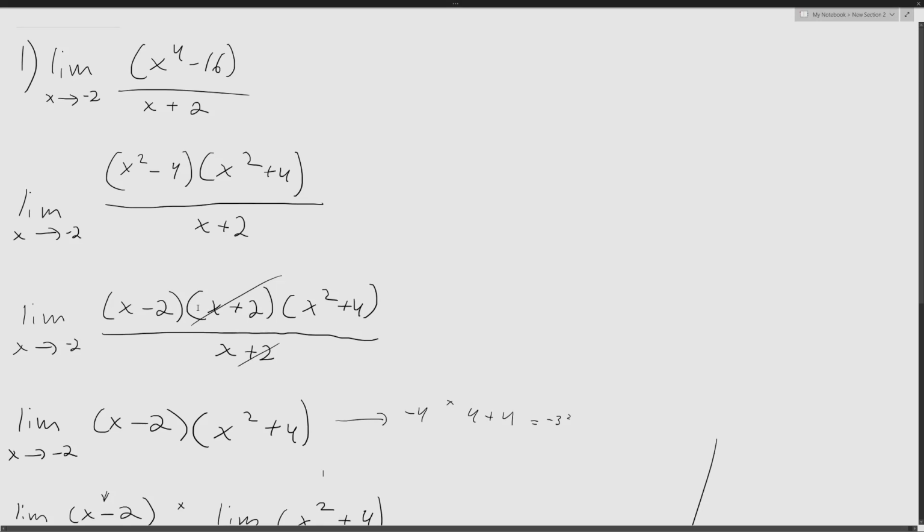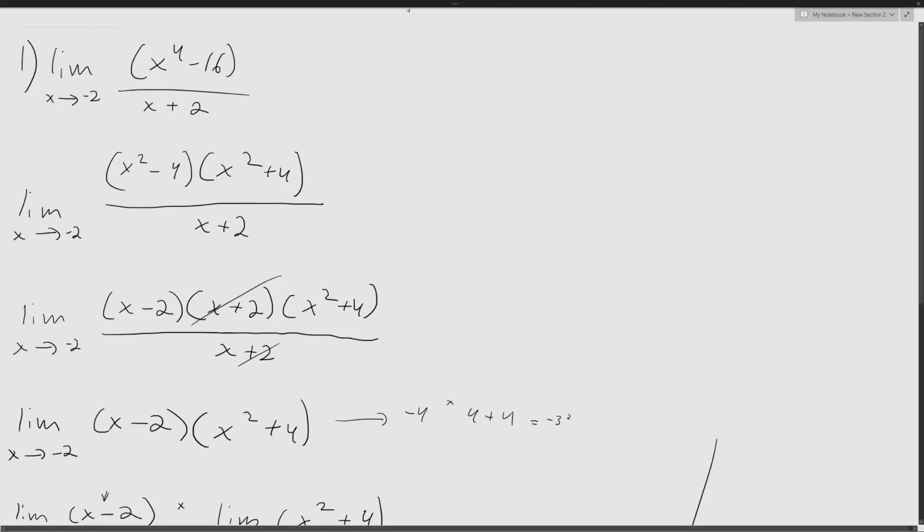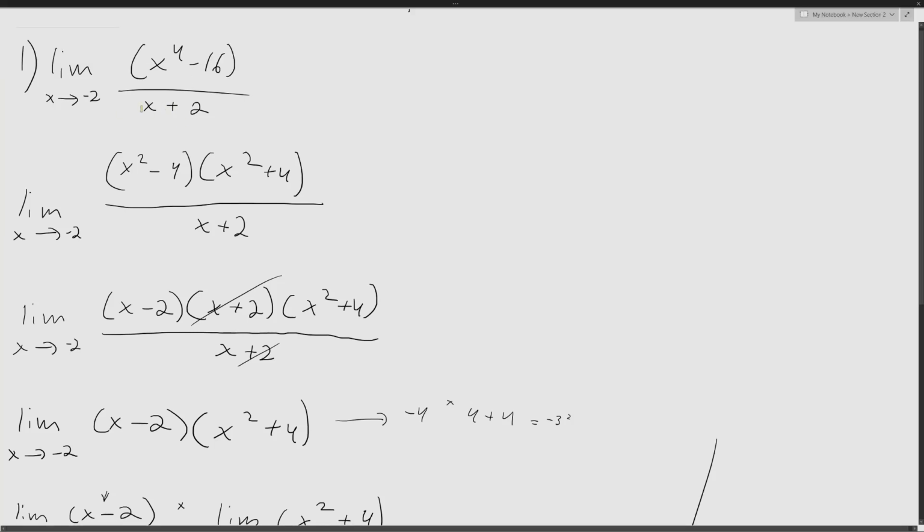So why exactly did we do this? Why did we have to find the limit of this function? Well, as I said before, if we look at the function that we were given, we found out that we can't technically have a limit because f of x is not defined at -2.